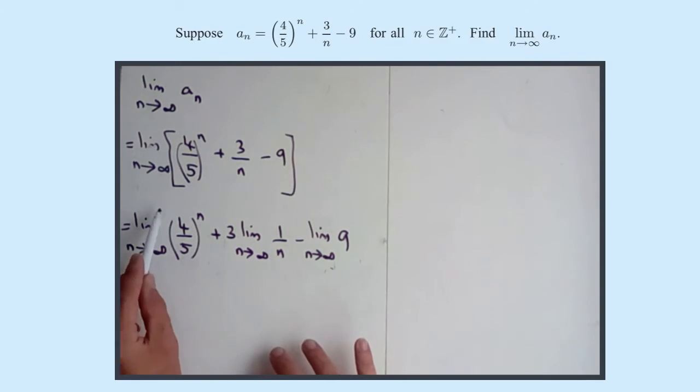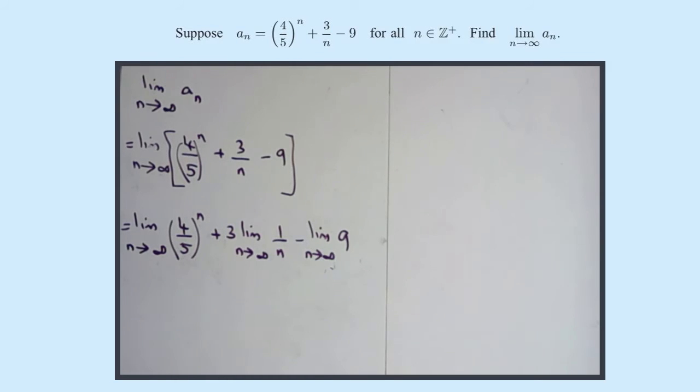This one is a bit more tricky. It's really a geometric sequence if you think about it, because you've got (4/5)^n. The first term would be 4/5, then you'd have (4/5) squared, which would be 4 squared over 5 squared, then (4/5) cubed, and so on. Whenever you've got a geometric sequence whereby the absolute value of the number is between 0 and 1, those terms are going to get smaller and smaller, and very quickly they will be negligible.